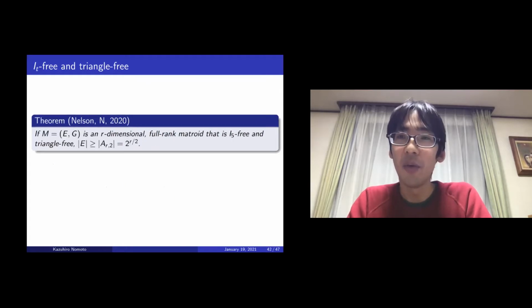So the only known case is when T is 5. That we managed to show. But there's a catch because we only did it for simple binary matroids.